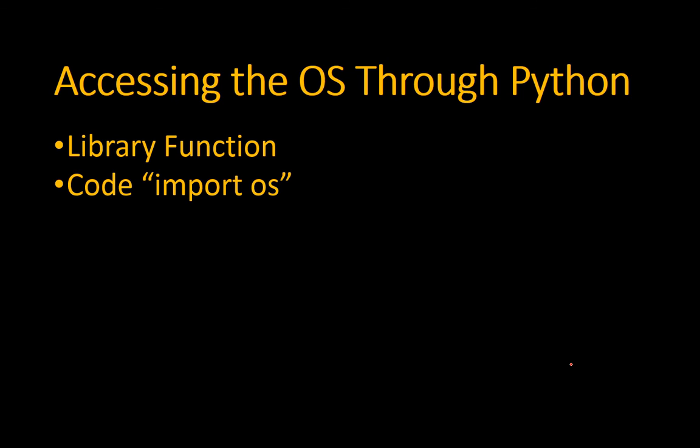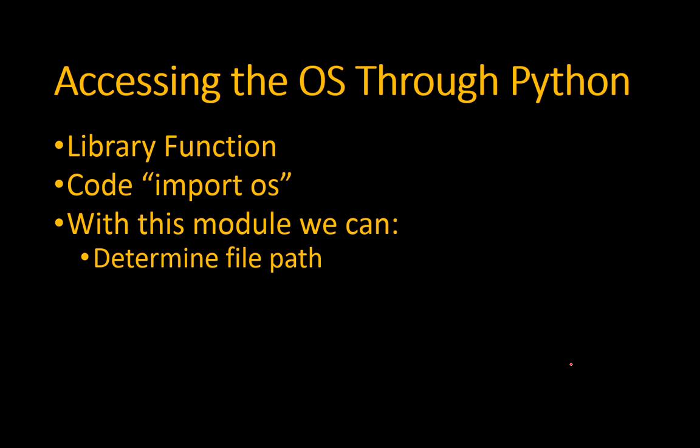We do this by using an import statement, and we import os, the operating system. Again, this is already coded in the Python standard library and allows us now to use the operating system to do several of the file transactions that we just did through Python. One of the neat things that we can do is determine a file path.